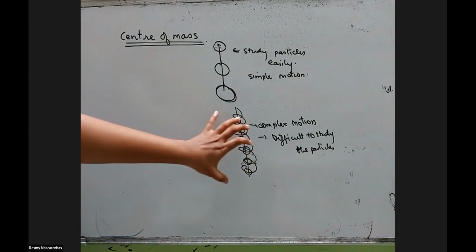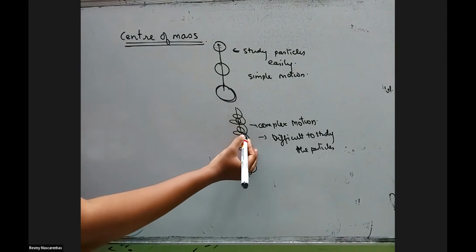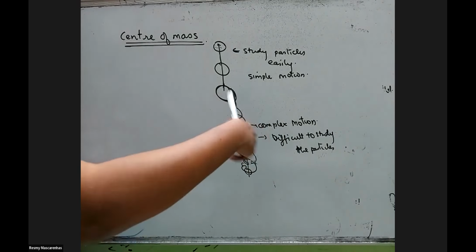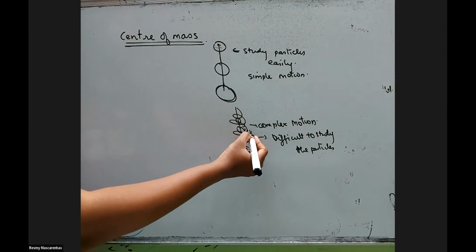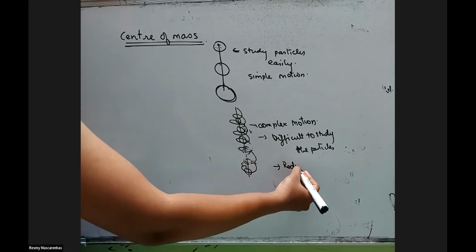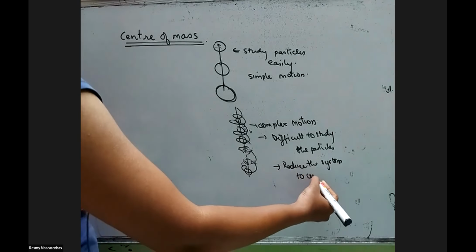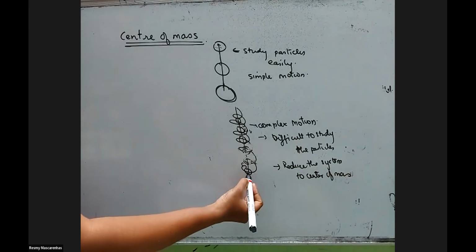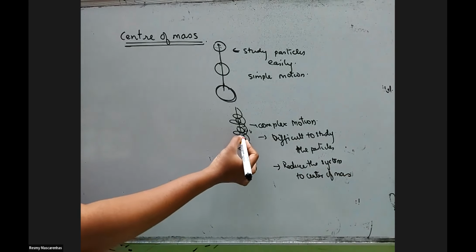So to make this study simpler, because there are particles everywhere, this particle might have a different velocity, this particle might have a different velocity because it is moving at a different speed. This is going in front, this is coming backward. It's all complicated. So we try to reduce the system to center of mass. So we ignore this spinning part, means we consider only particles at the center.